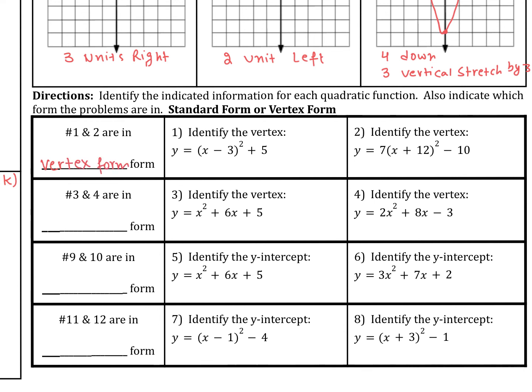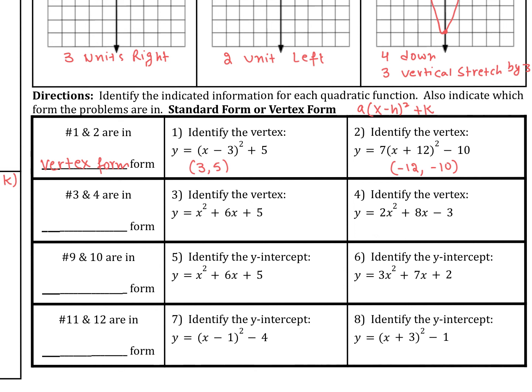To remind you, the vertex form is a times x minus h squared plus k. Identify the vertex: in this case it is 3 comma 5, and in this case it is negative 12 comma negative 8.